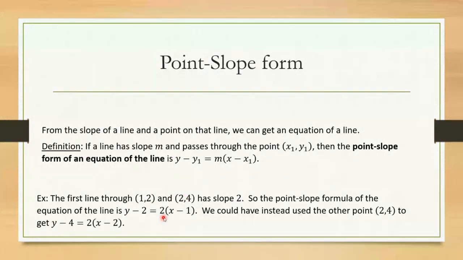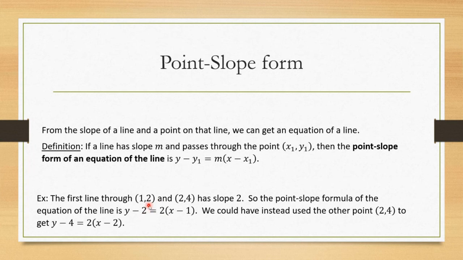So this 2 is the slope. Here 1 and 2 is a point on the line, the x coordinate and the y coordinate of that point. That's if we're using this point. So the 1 is here, the 2 is here.